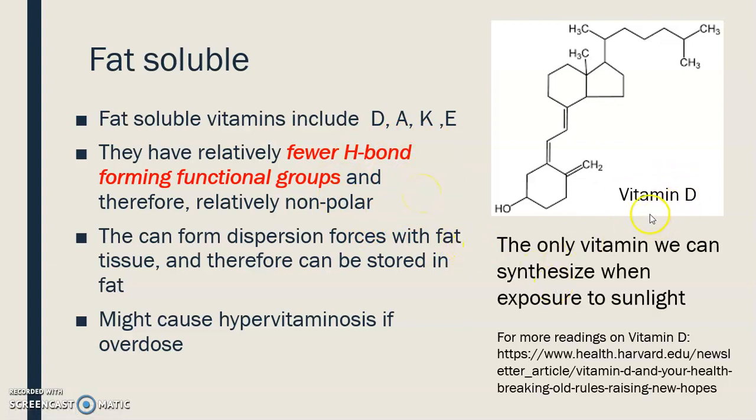Vitamin D is the only vitamin that we can synthesize when we are exposed to sunlight. But as I've said, some people, even with enough sunshine exposure, still cannot synthesize vitamin D properly, so we still need to obtain it through diet.